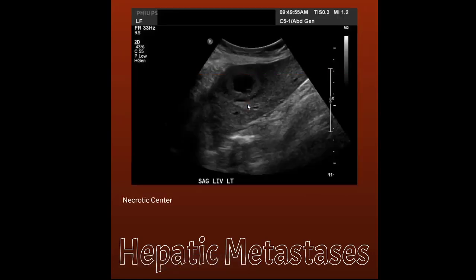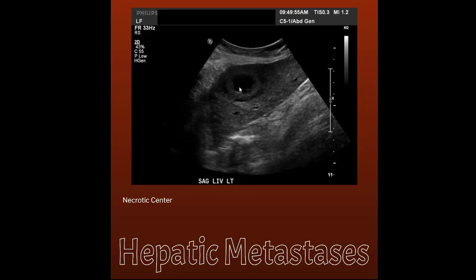Here's another example of hepatic metastases. We can see the lesion here, and then we see kind of this anechoic structure in the middle here. I like to point this part out in the fact that cancers need a lot of blood to survive. And so they are usually relatively vascular. If we put color on them, that's why we can see color flowing through them.